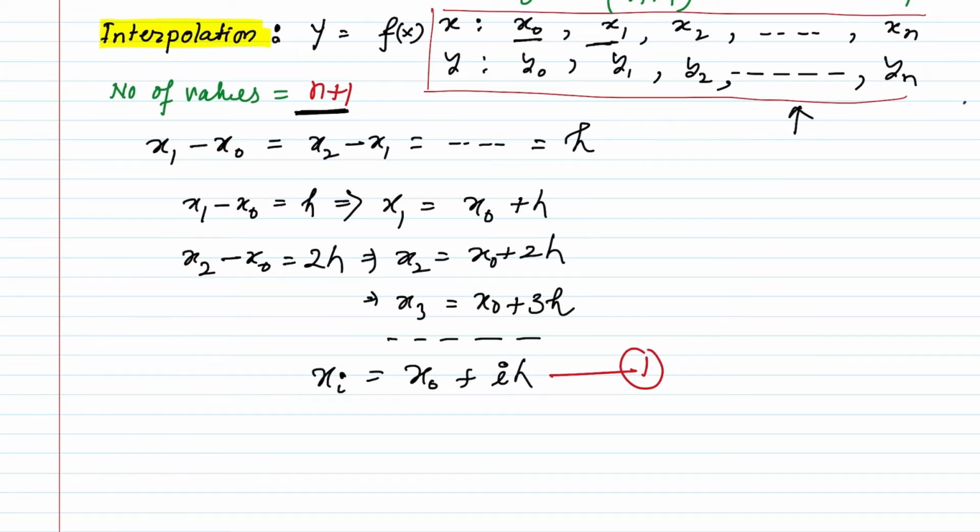From the forward difference table we can find not only del y naught but also del square y naught, del cube y naught, and hence del y1, del square y1, del cube y1, and so on. Now let us consider that we have obtained a polynomial.